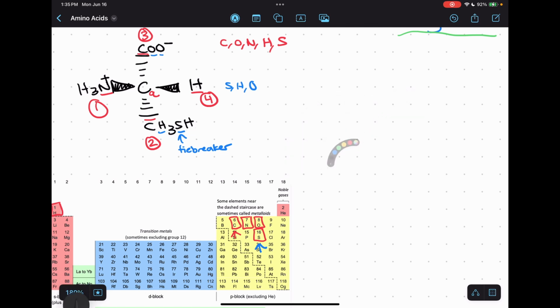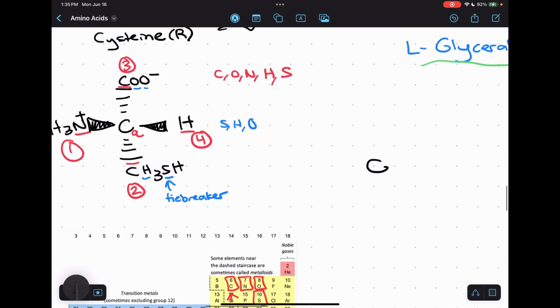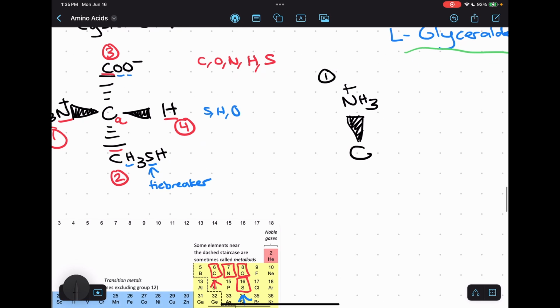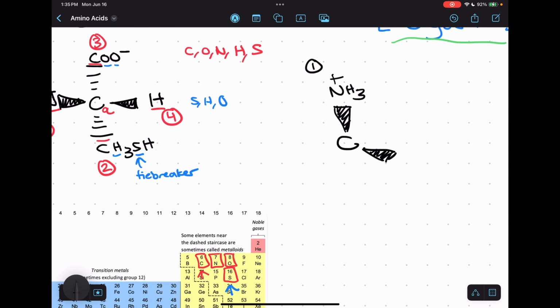We can put up the cysteine alpha carbon here, and then if we want to put the NH3 amino group here, that's priority number 1 again. And then we can go ahead and put the priority number 2 here, which is going to be the cysteine R group based on the sulfur again.